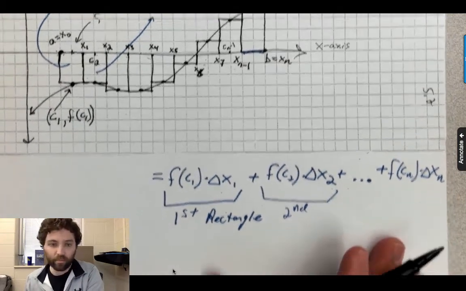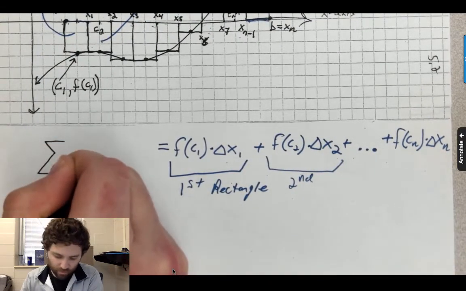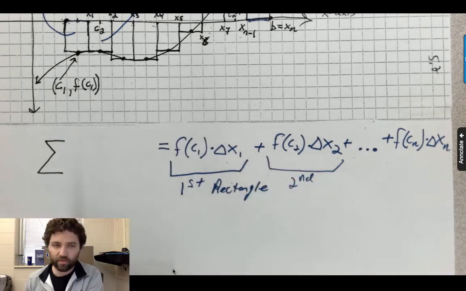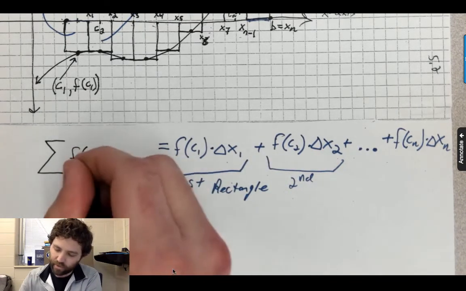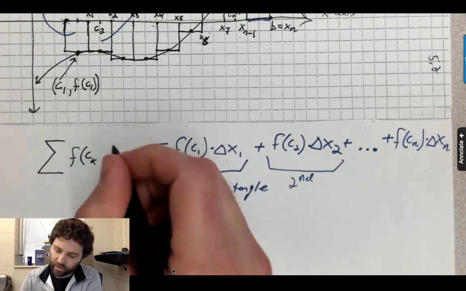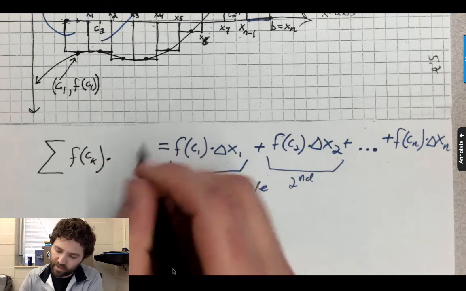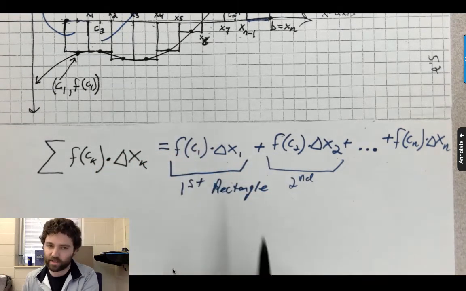What we're going to do is we want to sum a bunch of rectangles, and all of these rectangles are going to take this form. The function located at c sub k times delta x sub k. So let's see if that fits the pattern.